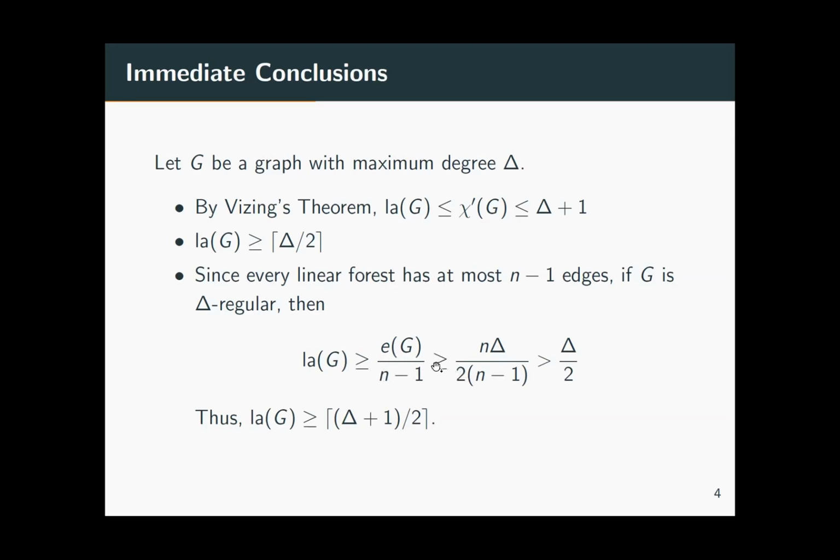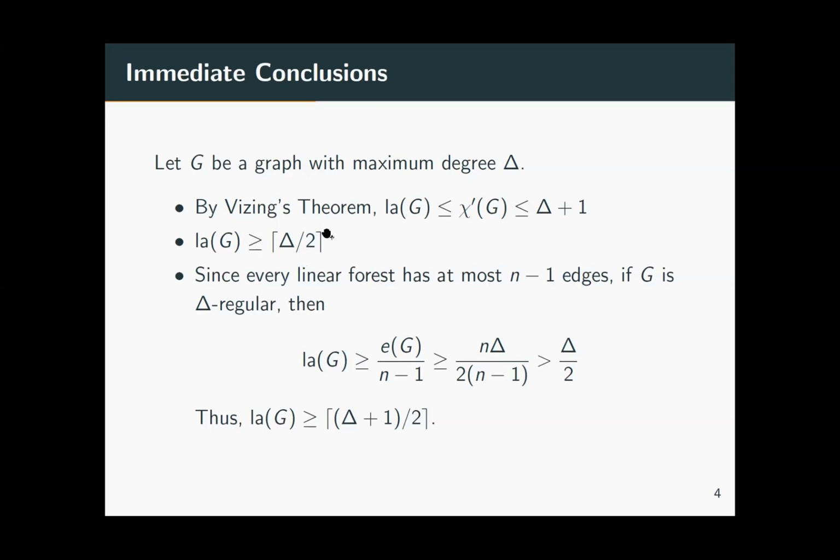So this is E of G over n-1, and because G is delta regular, the total number of edges is n times delta over 2. So this is strictly greater than delta over 2, right? And that means for regular graphs, the lower bound of the linear arboricity of G is the ceiling of delta plus 1 over 2.